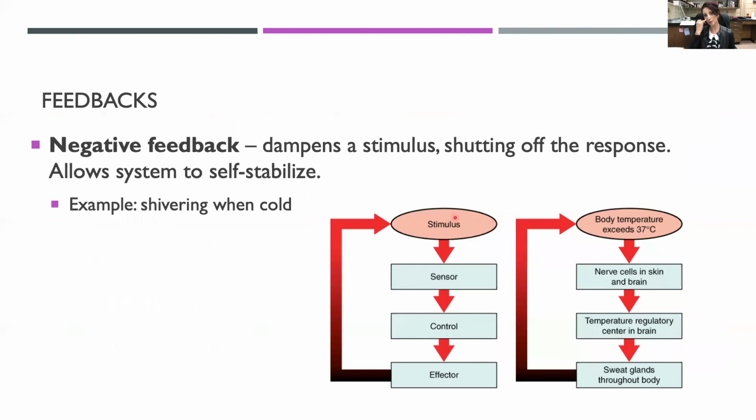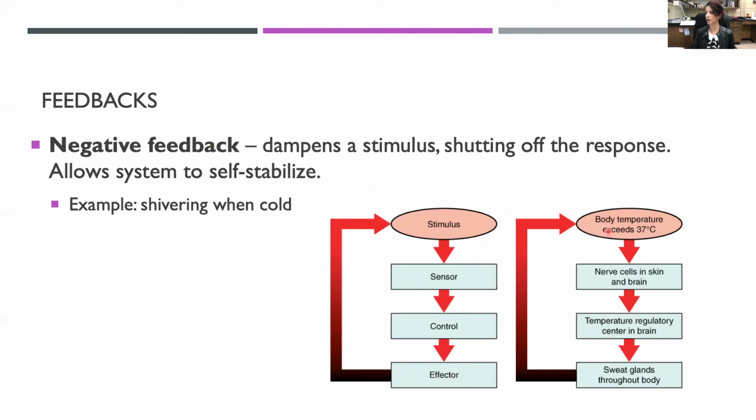A specific example of a negative feedback is presented here. A negative feedback dampens a stimulus. This shuts off the response and allows the system to self-stabilize. An example of this is shivering when you are cold. Here we have the stimulus that affects the sensor, that affects the control, that affects the effector, going back to the stimulus.